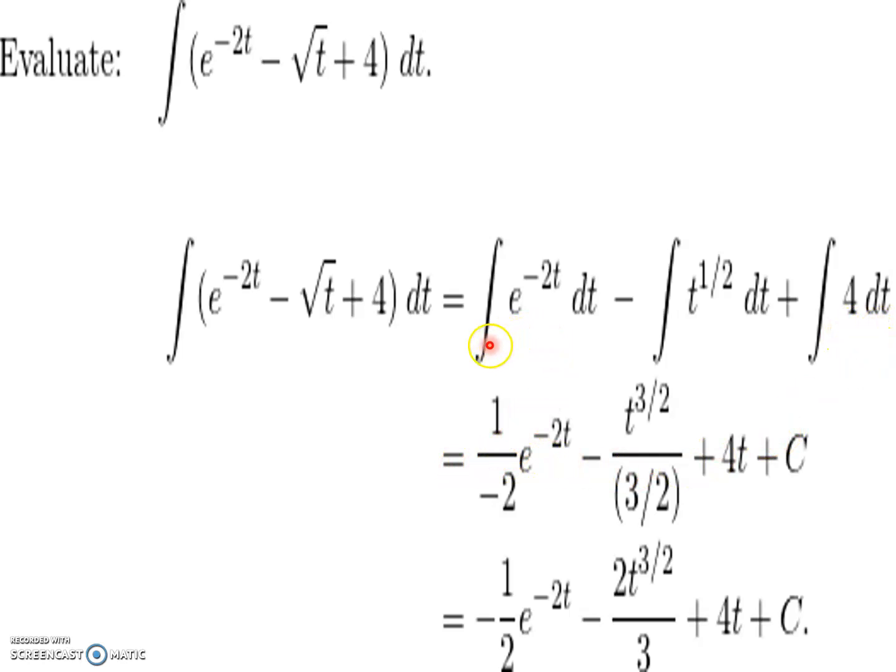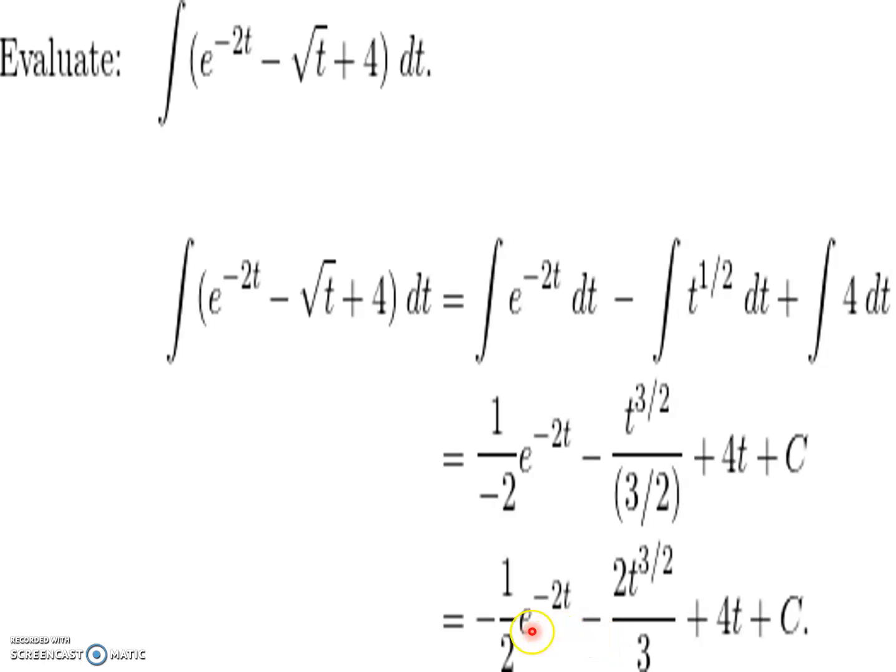We know that the integration of e raised to x is e raised to x. But the integration of e raised to minus 2t is e raised to minus 2t into the derivative of minus 2t. We know that the derivative of minus 2t is minus 2. That's why we write it in the denominator. The integration of t raised to 1 by 2 is t raised to 1 by 2 plus 1, 2 ones are 2, 2 plus 1 is 3, so 3 by 2 upon 3 by 2. 4 into the integration of 1 is t, plus c.